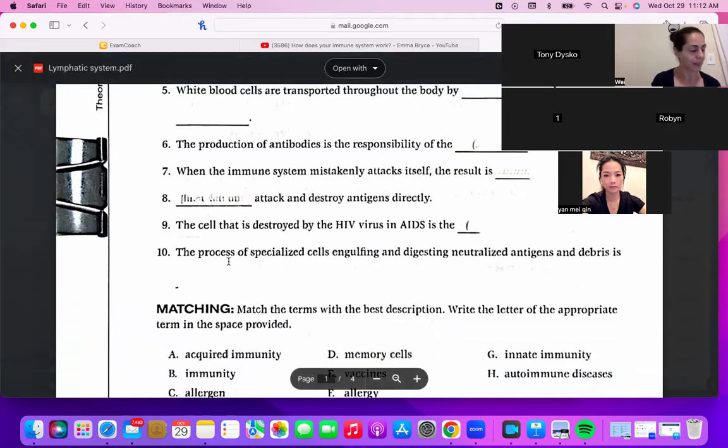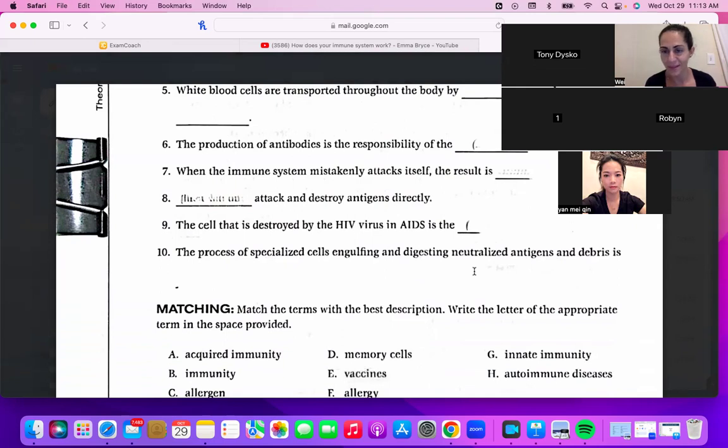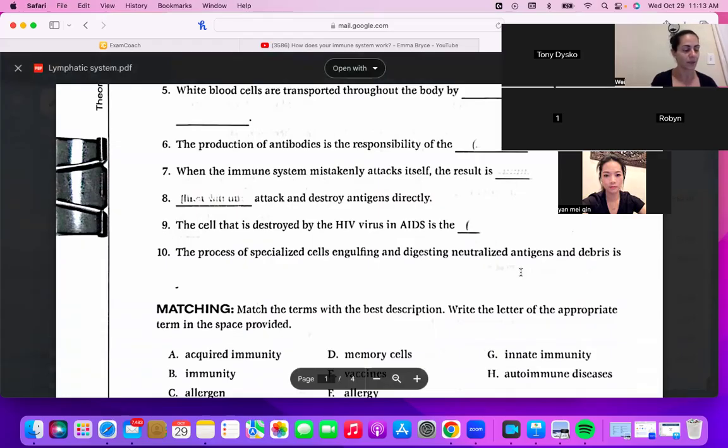The last one, the process of specialized cells engulfing and digesting neutralized antigen and debris. After the white cells have come in and done their work, the attack is neutralized, and now there's debris and metabolic waste that needs to go away. What is that process called? It ends with SIS.